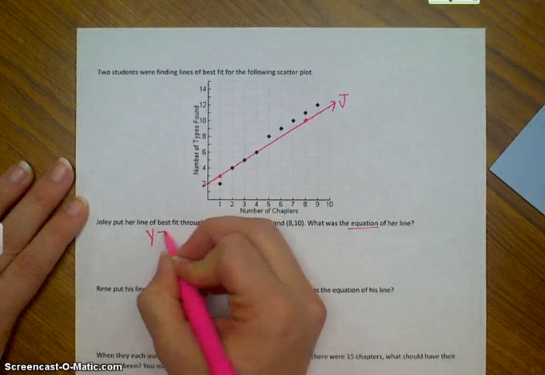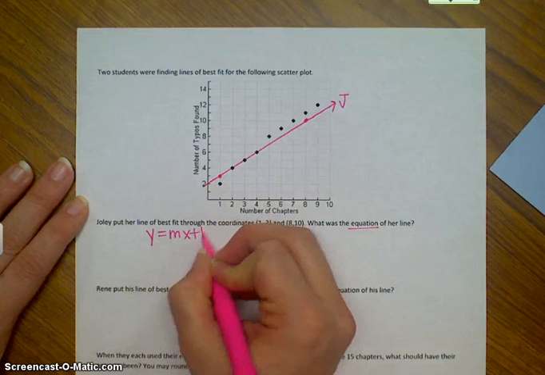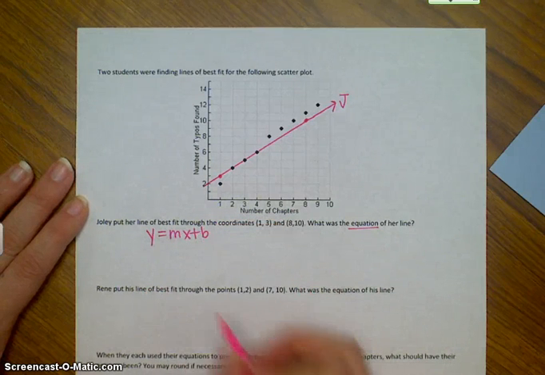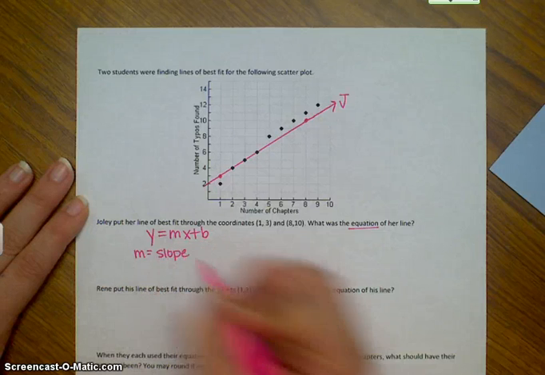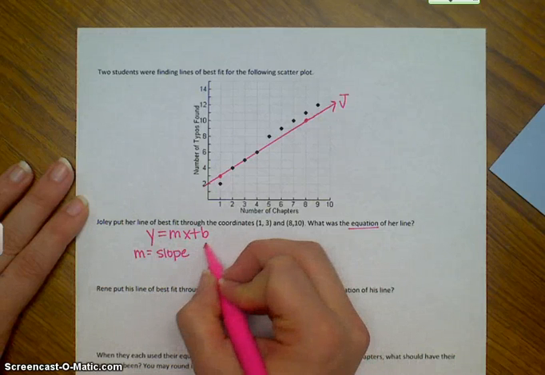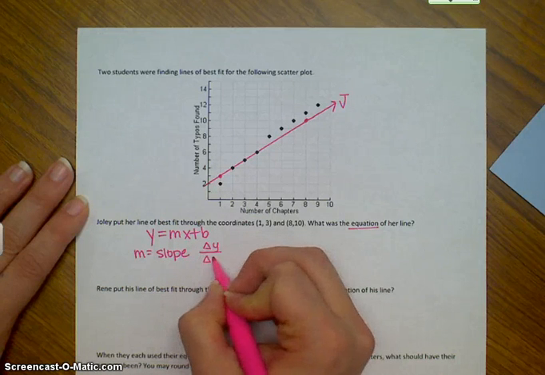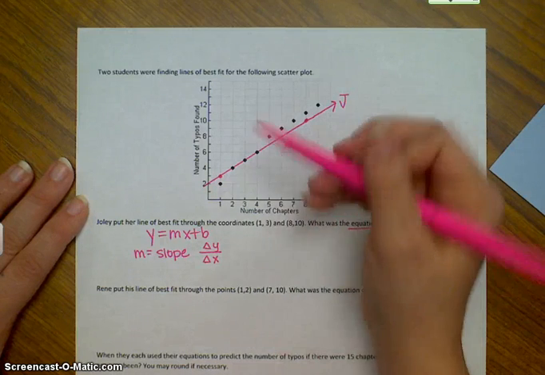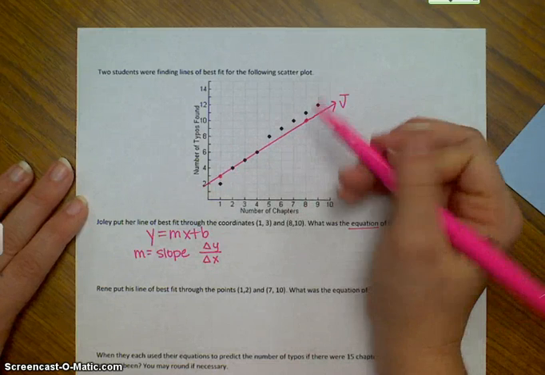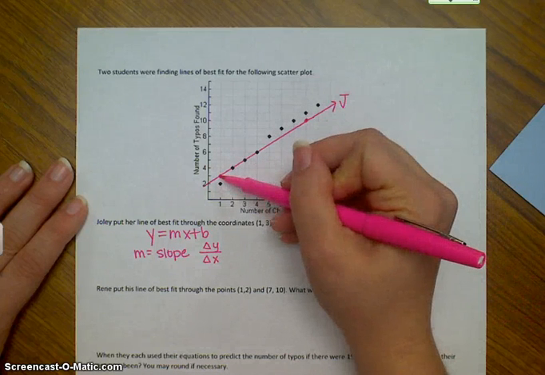So the equation means y equals mx plus b form, or your slope-intercept form, where m is the slope, which is your change in y over your change in x, or your vertical change over your horizontal change. So for this, you just use 2 points. We have these 2 points right here, and we're going to go from left to right.